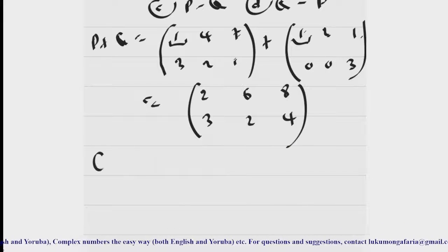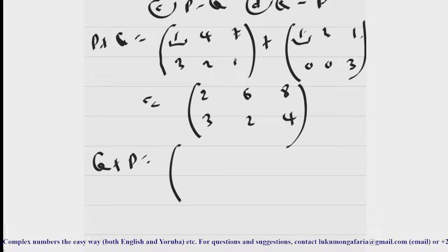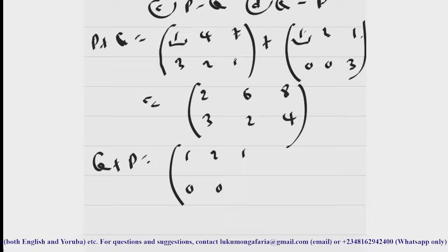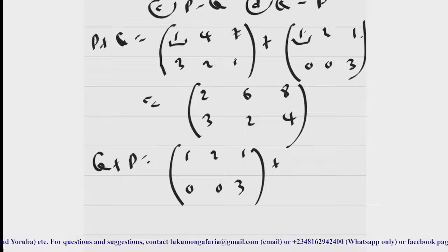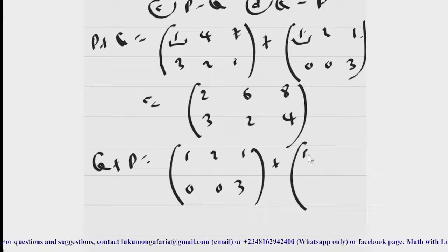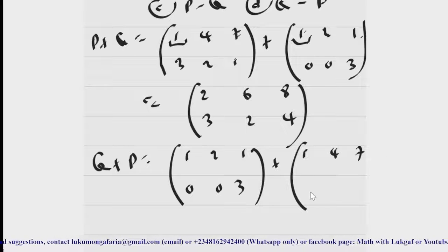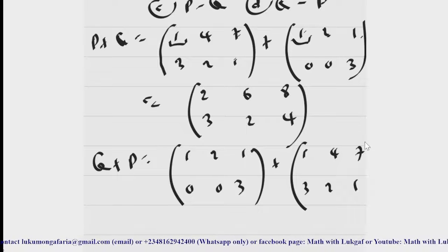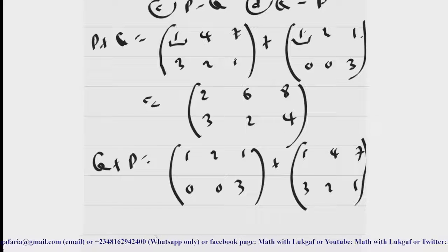Okay, let us find Q plus P. Then Q plus P is 1, 2, 1, 0, 0, 3 plus 1, 4, 7, 3, 2, 1. The same way you did the first one.